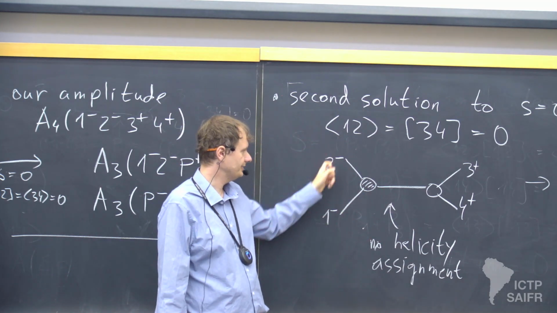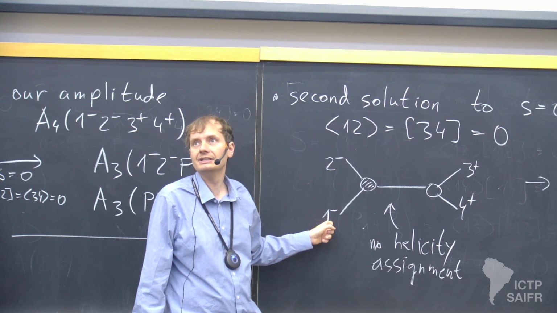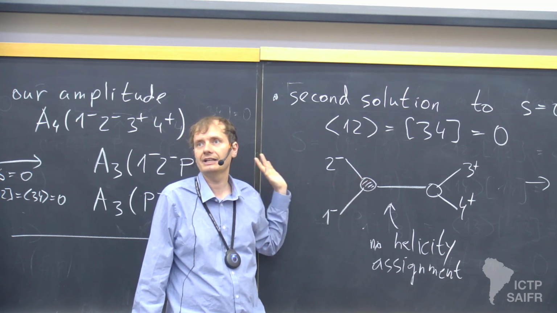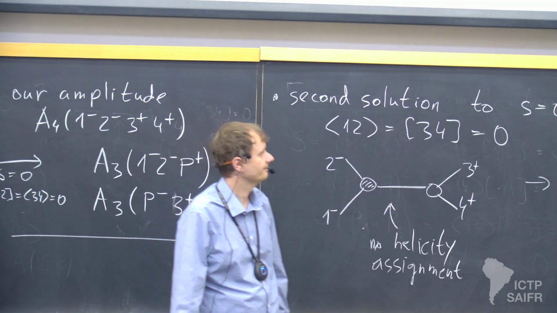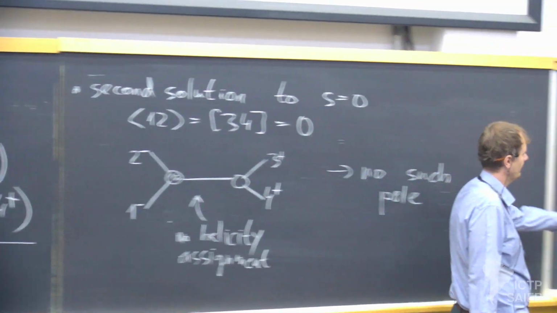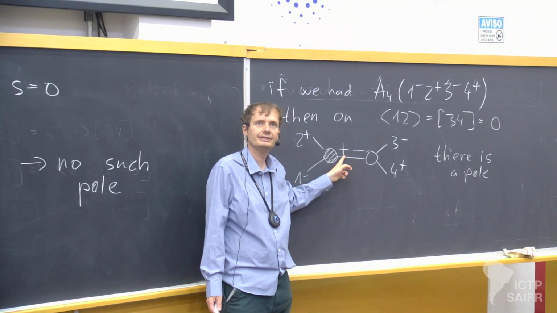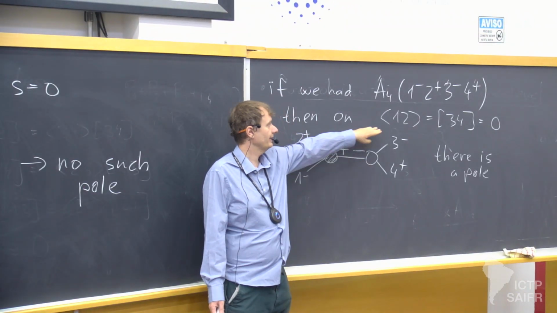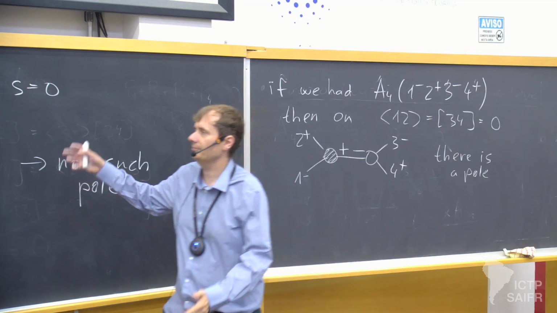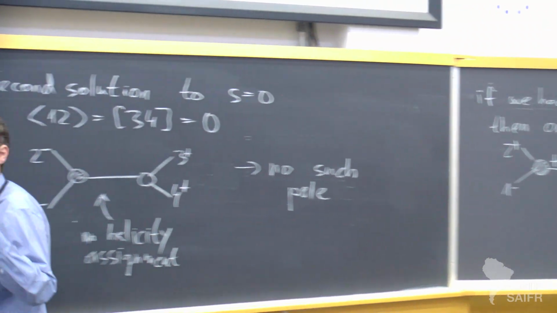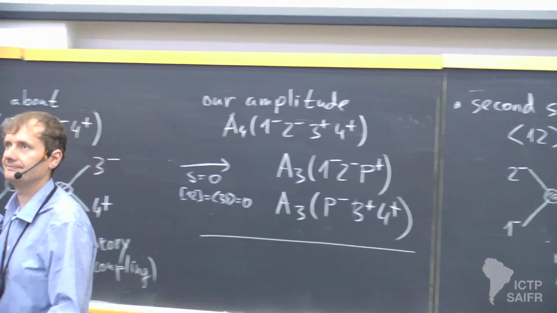But this is in violation with already having 2 minuses. So such an amplitude doesn't exist, and the factorization doesn't exist. So there is no pole here. While this amplitude has a correct assignment with putting plus here, so then it must factorize on this pole like this. Okay? So this helicity assignment already tells us which poles are there and how it factorizes.